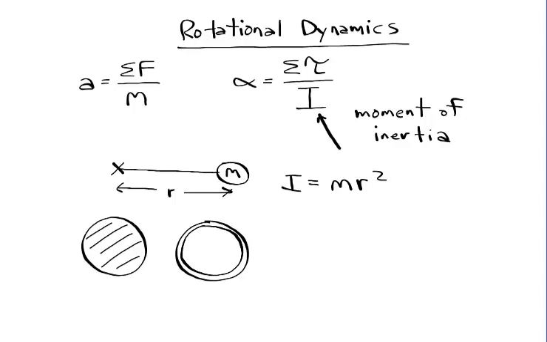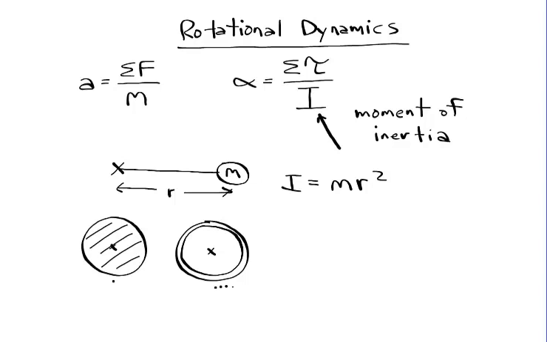Now, if you look at the object that's solid and the object that's a hoop, and you ask yourself, which one of these has its mass further away from the axis of rotation, which we'll assume to be the very center of these objects, I think you could see that the hoop is the one that has its mass concentrated further away from the center. It turns out that if you were to spin this hoop, let's imagine this hoop and this disc have the exact same mass and the exact same radius, it would actually take more torque to achieve the same angular acceleration with the hoop than it does the disc.